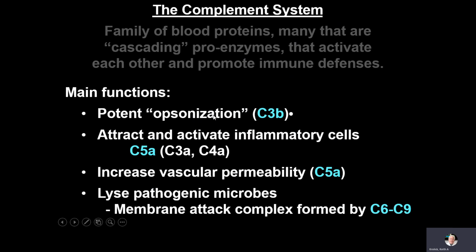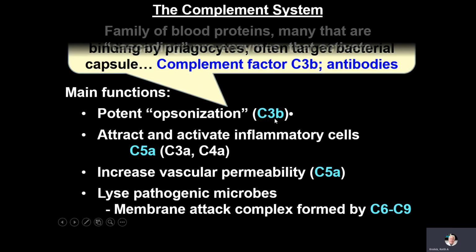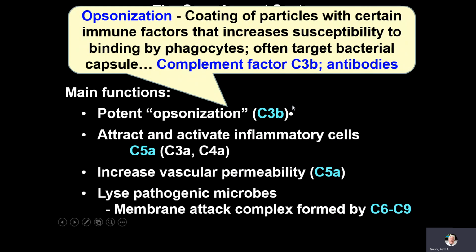It acts as a potent opsonin and performs opsonization. Opsonization is the coating of particles with certain factors like C3b that increases the susceptibility of binding and internalization by phagocytes. Often C3b will stick to the outer layers of bacterial capsules and so forth, so that they can be handled more effectively by phagocytic cells when they come along.